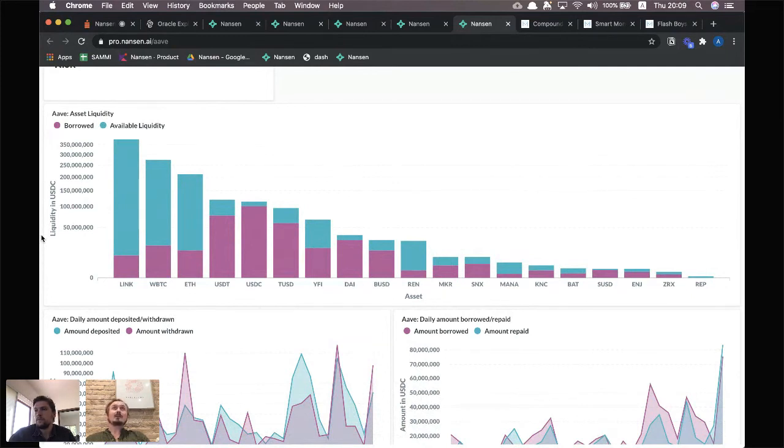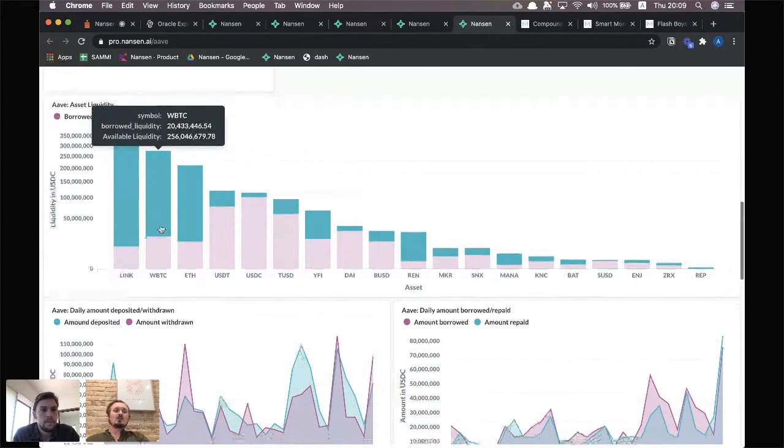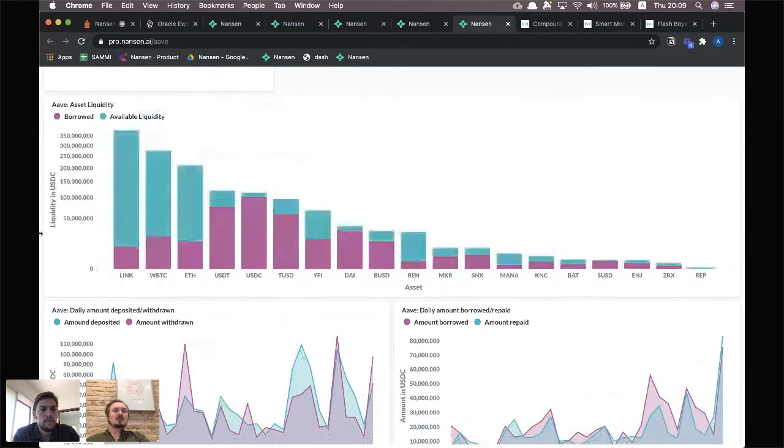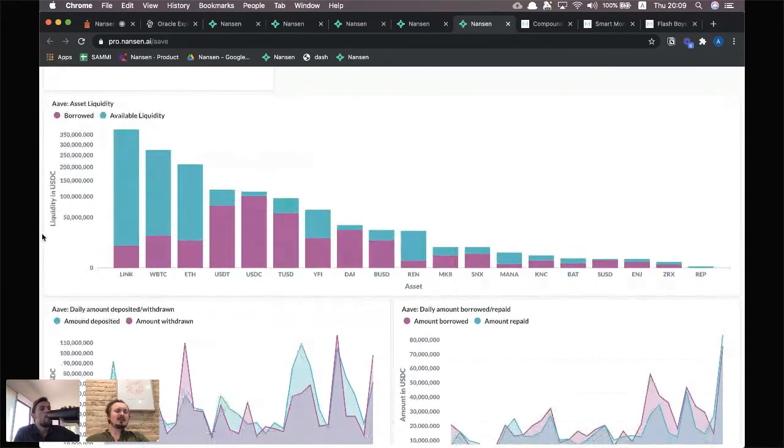So I haven't thought through it fully, but basically, in order to borrow something, you need to collateralize something else. And so you could sort of think of this as like, yes, there's a lot of wrapped Bitcoin stuck in the platform used as collateral, which can then be used to borrow some of these other things. So perhaps one way, I haven't thought about it mathematically, but maybe it is actually just effectively the same thing.